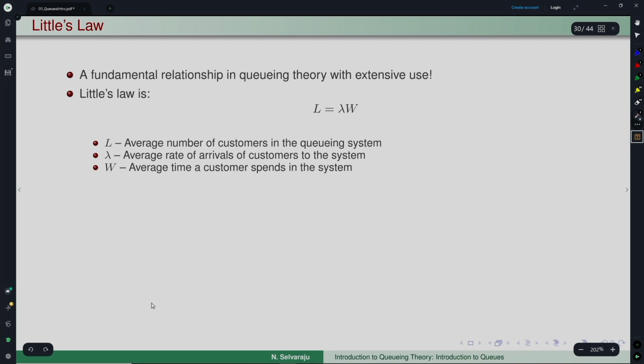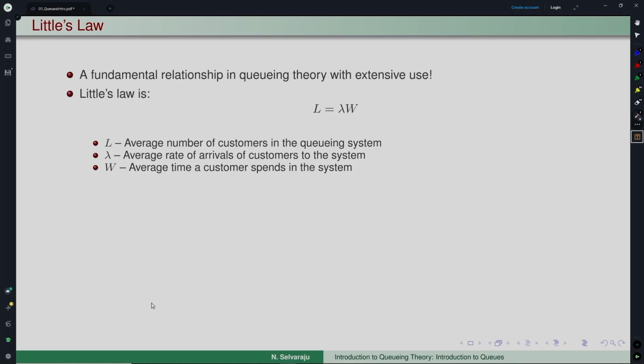Okay. Now, a very fundamental relationship that exists in queuing theory and which is extensively used throughout is what is known as Little's law, Little's formula, Little's theorem, whatever you want to call it. What that means is given by this very simple equation.